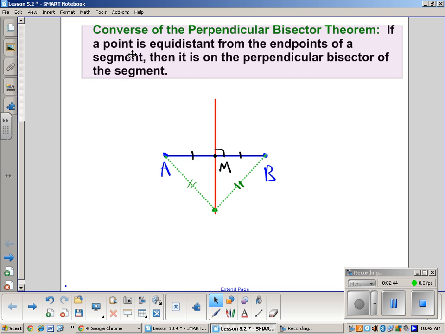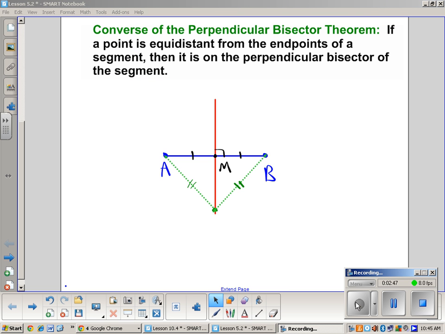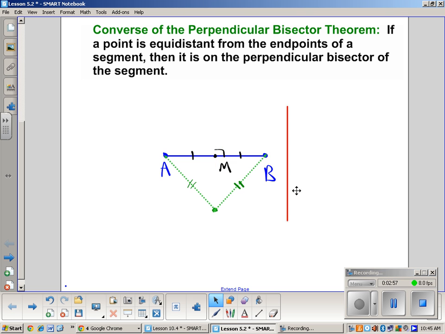All right, the next one then is the converse of it. So now what this one's saying is, if the point is equal distance from the endpoints, so if I have this point right here that's equal distance from the endpoints of this segment, the blue segment, then that has to be on this perpendicular bisector.